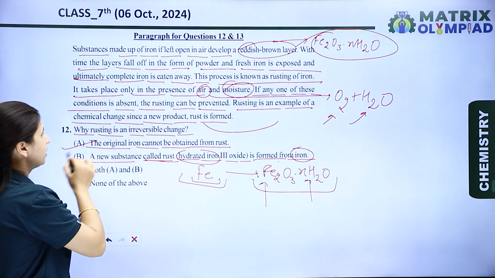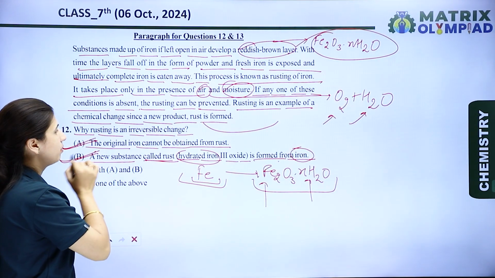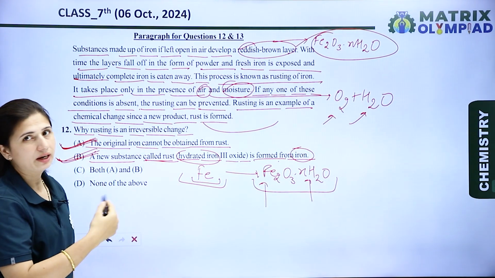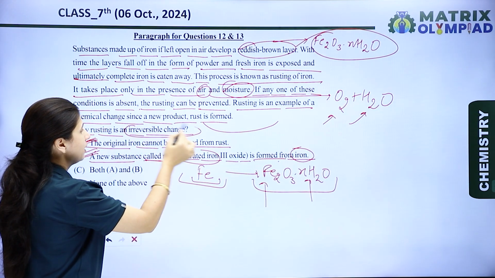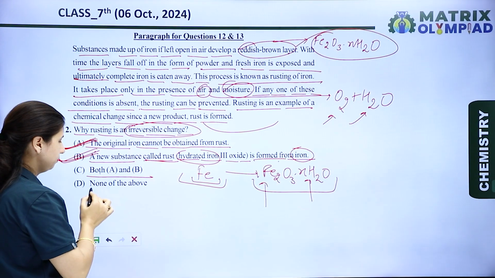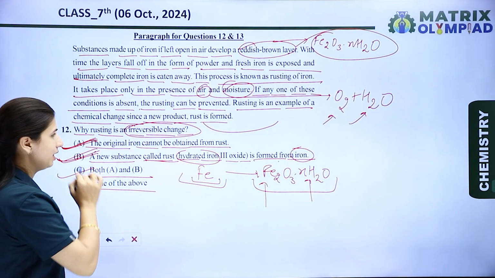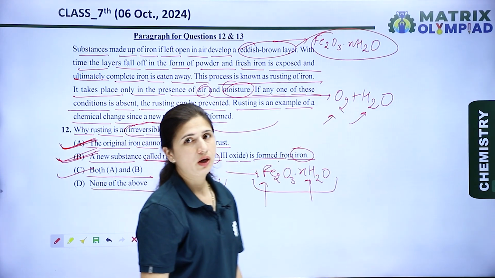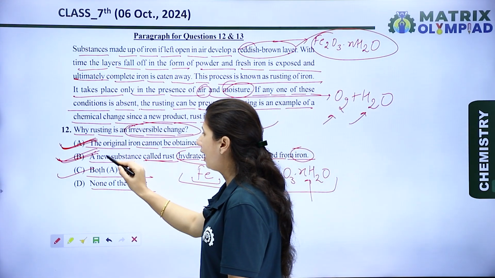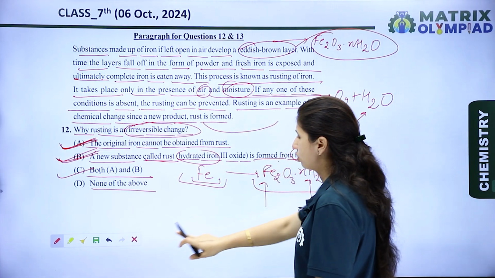So both the statements are right, and because of these, this process is irreversible. The option C is both A and B, and the option D is none of the above. So option C is the right option for this question, means option A and B both are correct statements. Now let's see the next question.